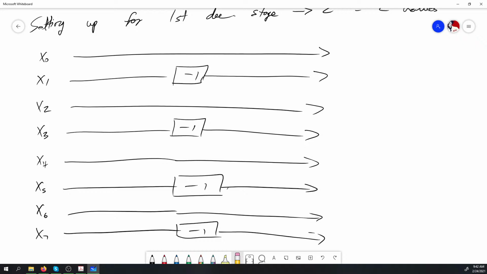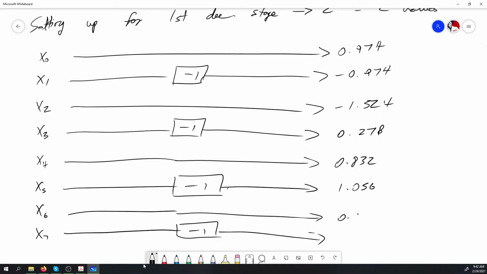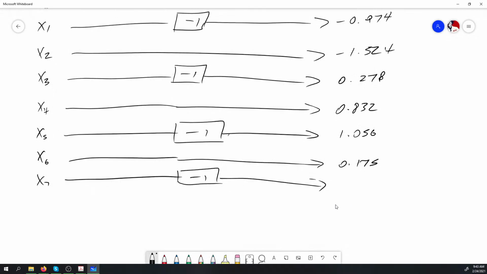So this here was 0.4, minus 0.974, 0.4, 0.28, 0.832, 0.06, 0.175, and minus 1.239.